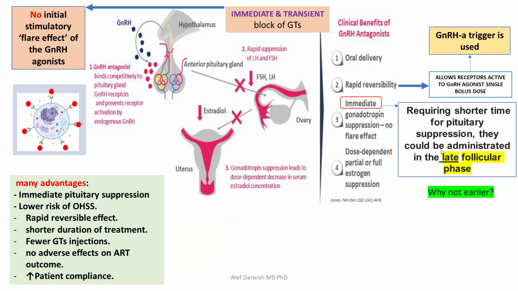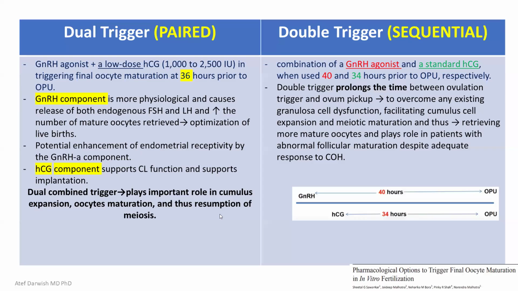We can start it from day 6 or day 7 in the late follicular phase, because there is no need to use it early, as it has an immediate and transient effect. Moreover, if you give it in the early follicular phase, it may have a deleterious effect on the follicle itself. So the advantages of antagonist protocol: immediate pituitary suppression, low risk of ovarian hyperstimulation, rapid reversible effect, short duration of action, fewer gonadotrophin injections, no adverse effect on ART outcome if given in the late follicular phase, and increased patient compliance.